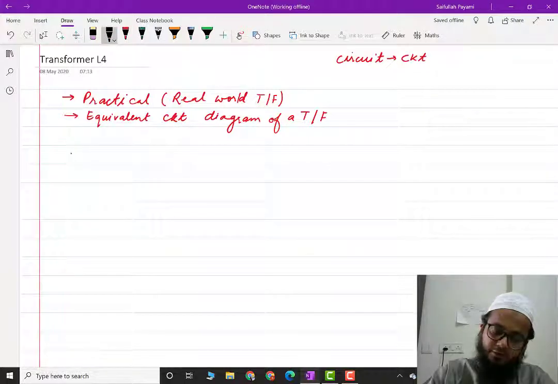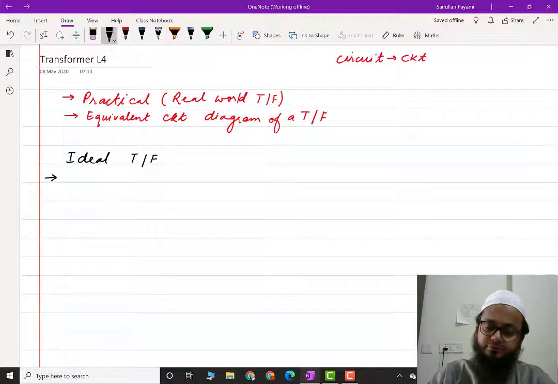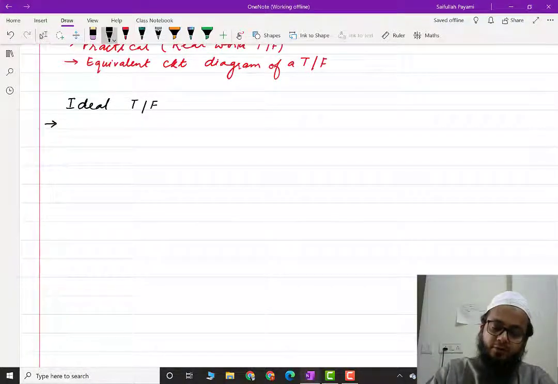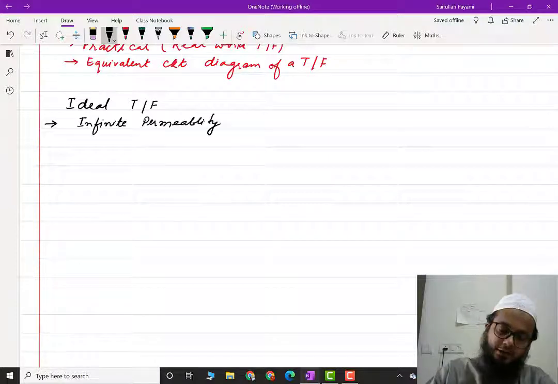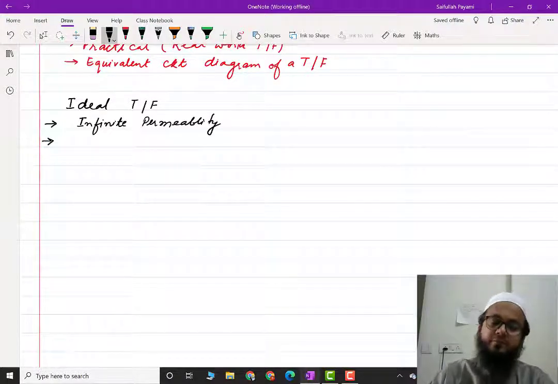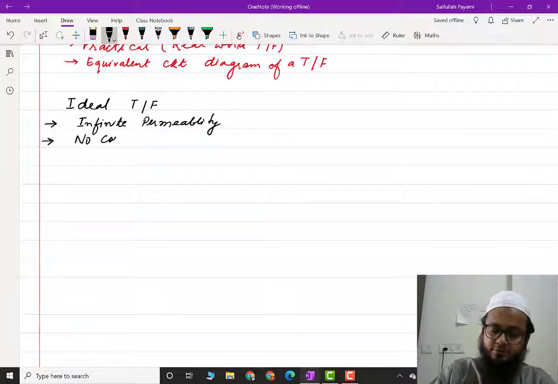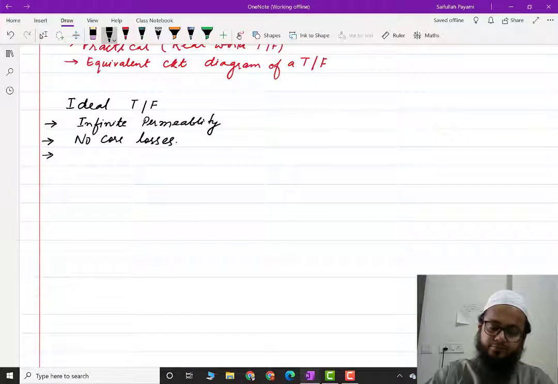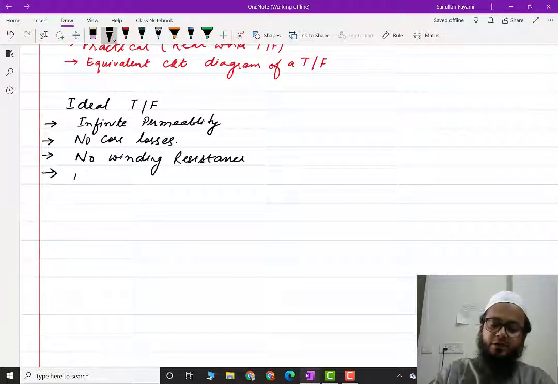So in an ideal transformer, the conditions which we laid down were infinite permeability, and then we said no core losses, and then we said no winding resistance, and then we said no leakage flux.